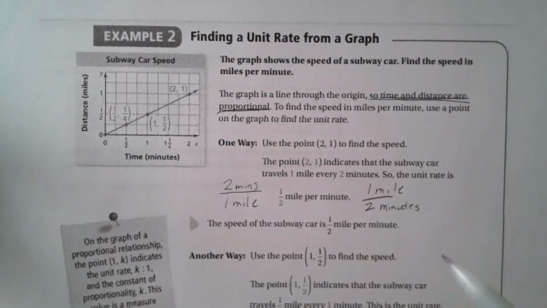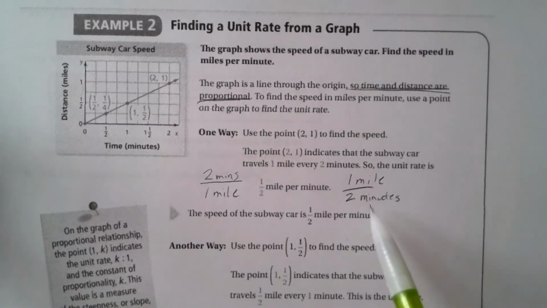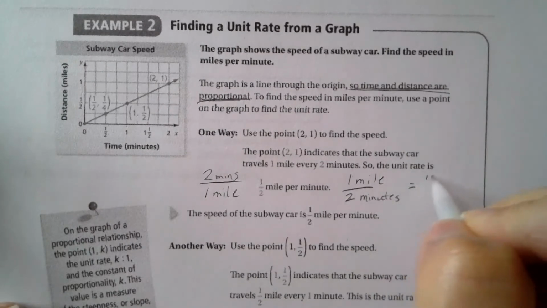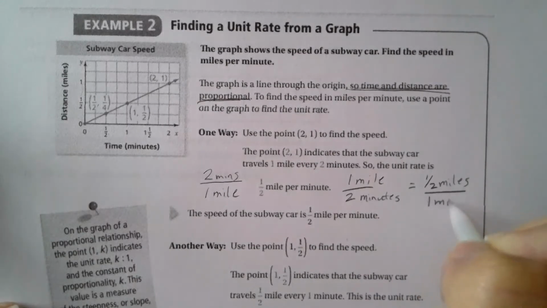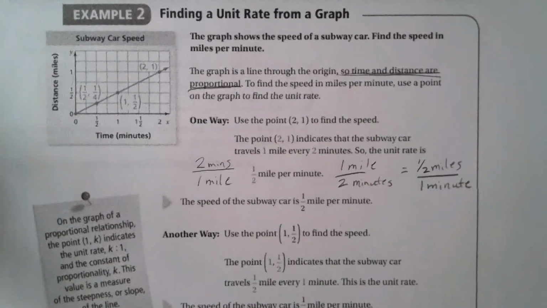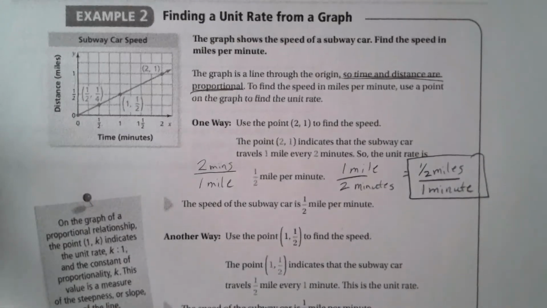In order to simplify this, we just divide 1 by 2, which is half. So half a mile in 1 minute. Okay, that's not too bad. Easy peasy, right? So that's the unit rate. Remember, we talked about before that unit rate is per one. And then it says it right here. So it's half a mile per minute. That's the speed of the subway car.